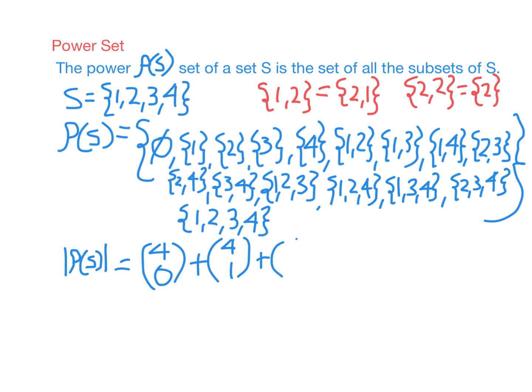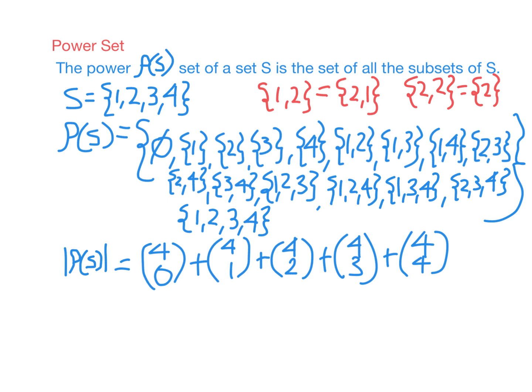Then we looked at the subsets of S containing 2 elements. We're choosing 2 of these from 4. 4 choose 2 is 6. You can see there were 1, 2, 3, 4, 5, 6 subsets of S with exactly 2 elements. And then the number with 3 elements was 4 choose 3. And then the number with all 4 elements was 4 choose 4, which is 1.